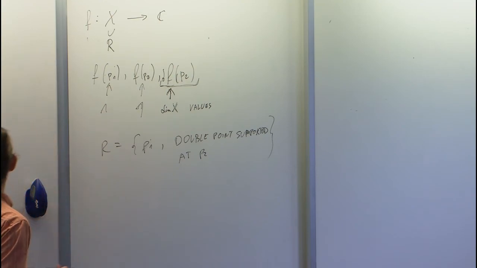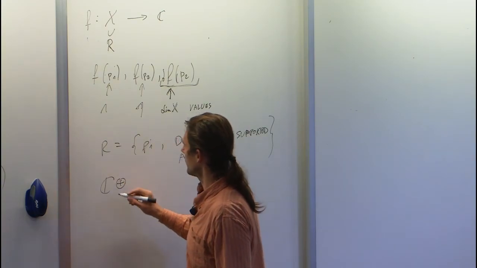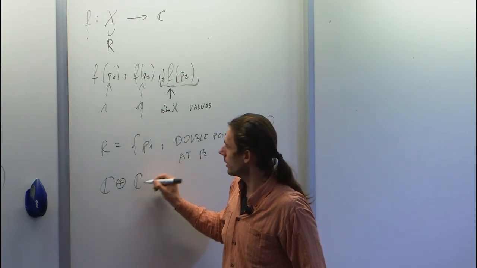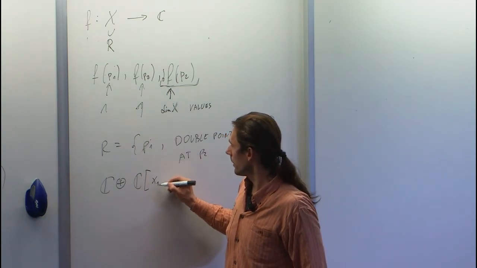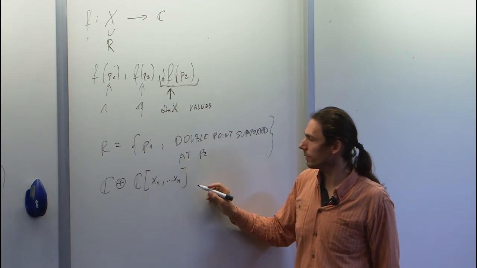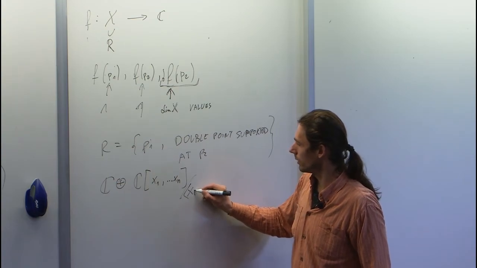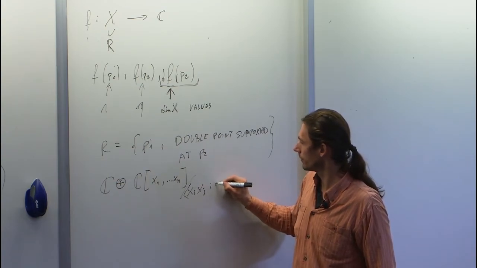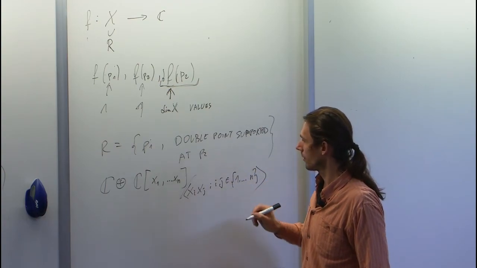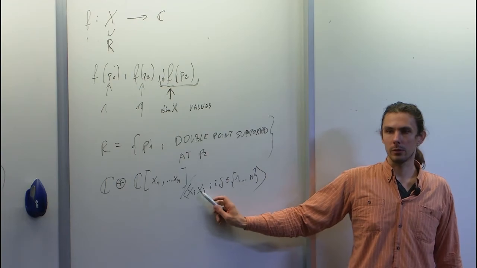For the algebra of functions, I should take C for the value at P1, and then a more complicated algebra here, which is isomorphic to the polynomial algebra in dimension of X variables, divided by the ideal generated by x_i x_j.